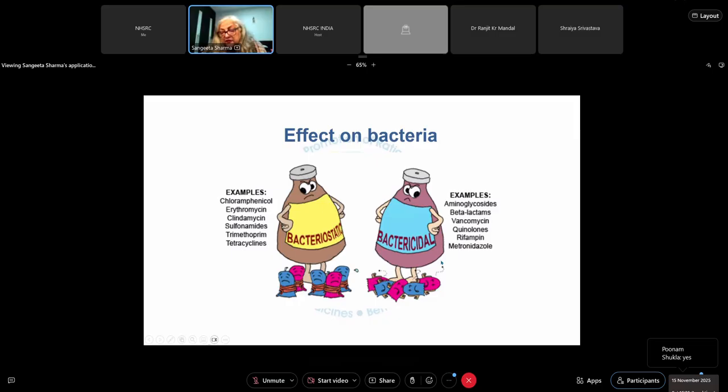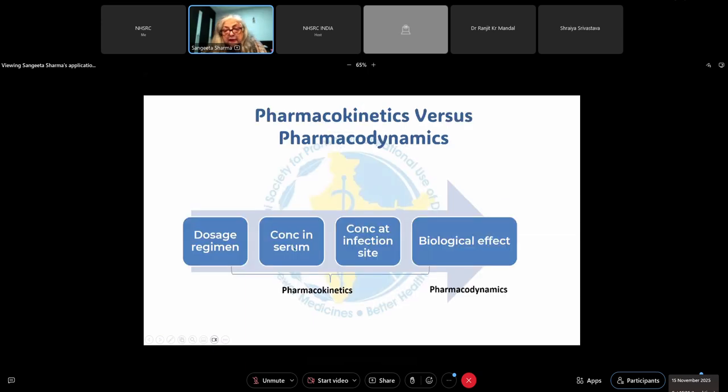There are bactericidal drugs which kill the bacteria, and bacteriostatic drugs which just stop the multiplication of bacteria. So we need to be very careful which one is which. You don't combine a bacteriostatic antibiotic with a bactericidal one, because then it will make the bactericidal antibiotic also bacteriostatic.